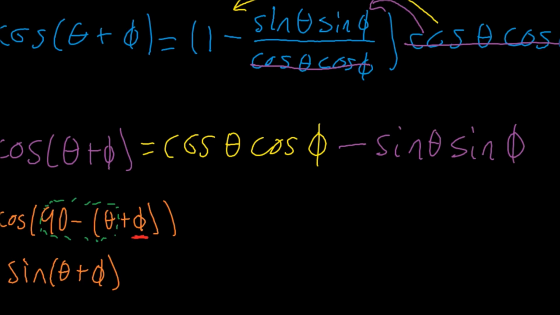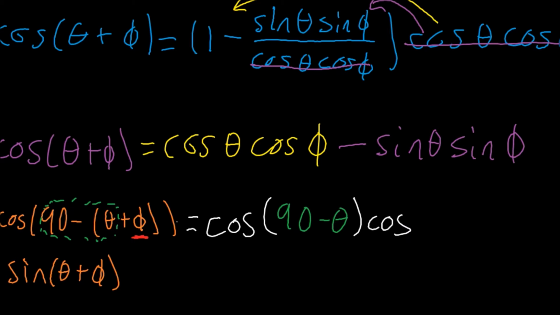So when we equal this out over here, as our compound, we're going to have cosine of 90 minus theta as one group, times the cosine of negative phi, we said. It's our other group.